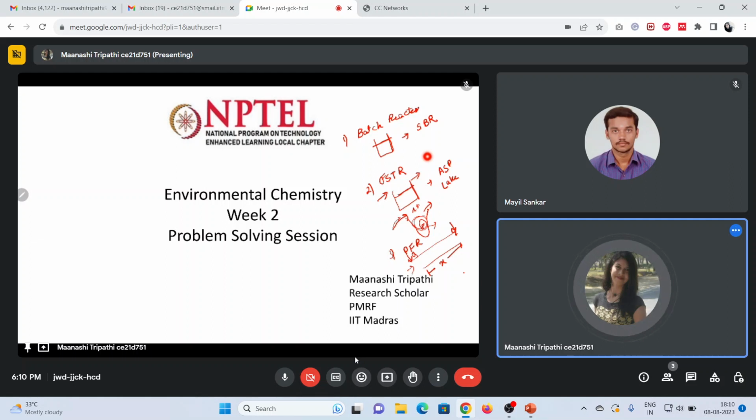So these were the three types of reactor. We also learned about parallel equations as well as sequential equations, and how to write component equations for such chemical reactions. This was the basic outline. I hope you have seen the video lectures, so we can go on with the questions.